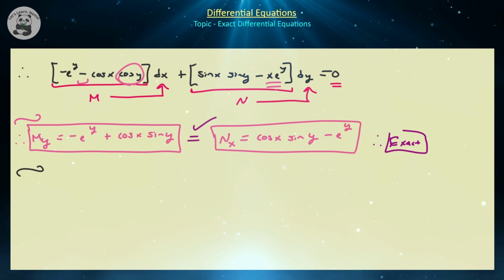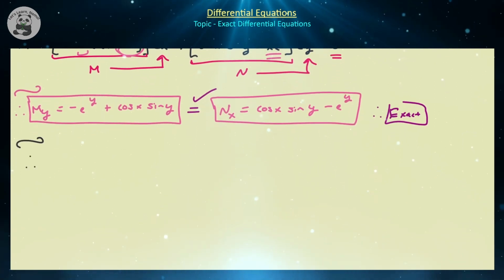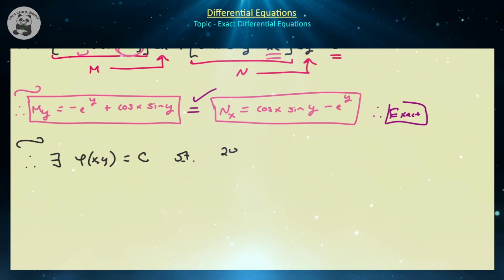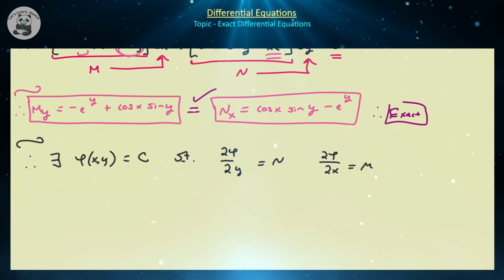So since it is an exact differential equation, that means there must exist some function phi of x, y that is eventually going to be equal to a constant, such that the partial derivative of phi with respect to y is going to be equal to N, and the partial derivative of phi with respect to x is going to be equal to M. One way you can remember this, if you've remembered the first thing, i.e. M_y is equal to N_x for exact, phi_y is now N and phi_x is now M. It sort of changes the frame of reference, right?